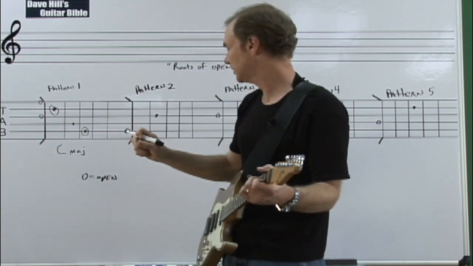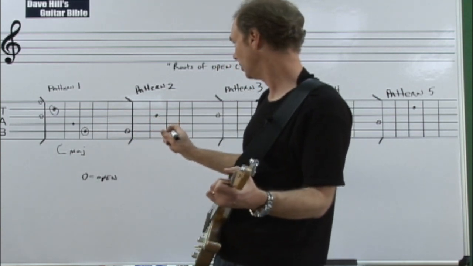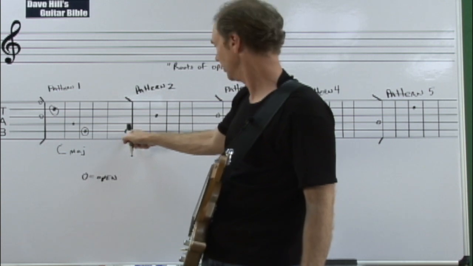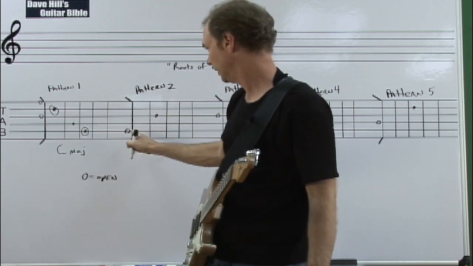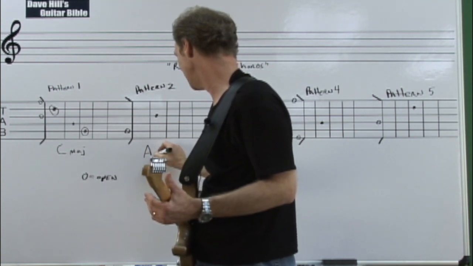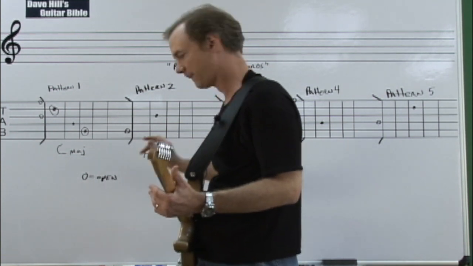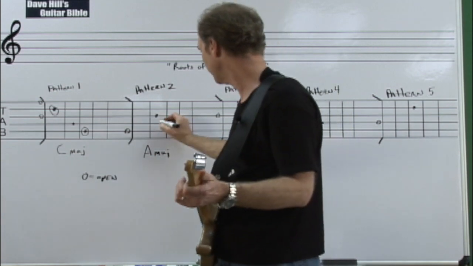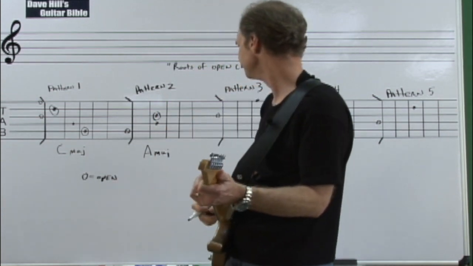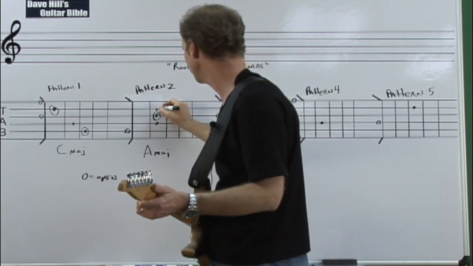Okay, so let's fill out the rest of these roots here to make chords. There's our open root here and our fretted root here, so we can assume now this is going to be some kind of A chord, and in fact, it's an A major chord when we fill this note in here. This is our second root here, and then this is the third of the chord.